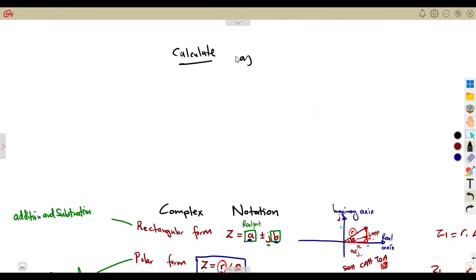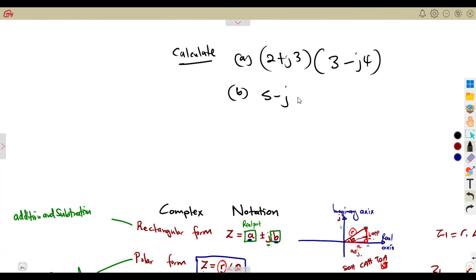Calculate (2 plus j3) times (3 minus j4). Try these questions, then we shall have an explanation in our next class so that you will be able to understand.